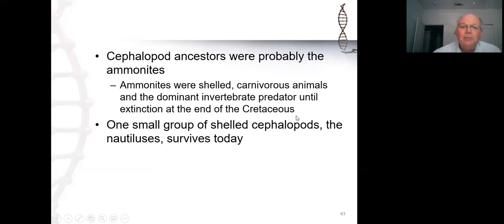In fact, the end Cretaceous extinction in marine environments is much more dramatic than in terrestrial environments, because marine environments are far more sensitive to changes of temperature and changes of oxygen content than terrestrial environments. So a small change in temperature can be catastrophic in a marine environment.